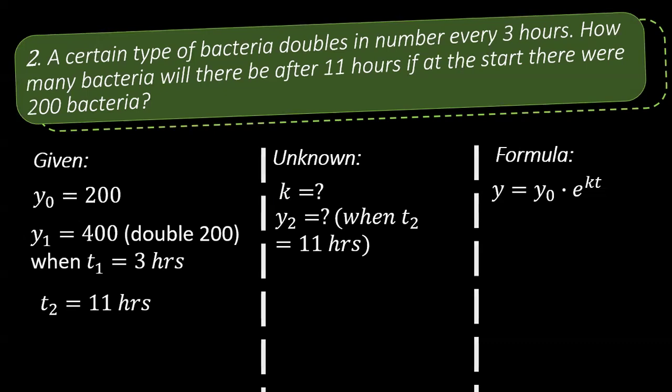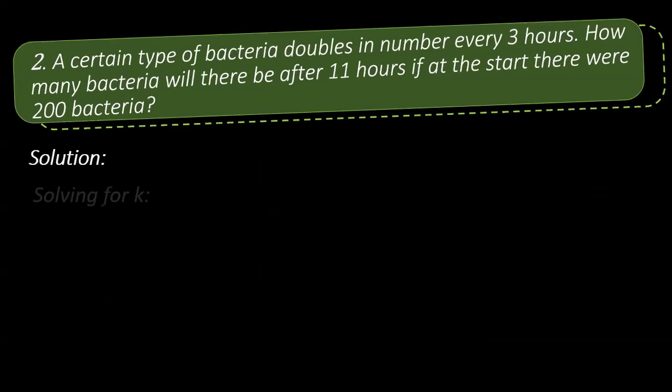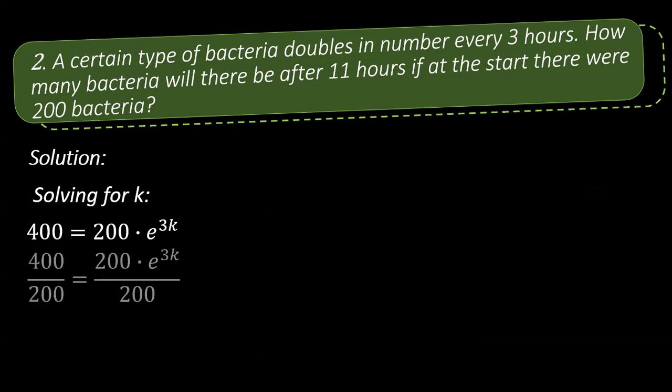Substituting the values, we have y, 400, is equal to 200 times e raised to k times 3. And k times 3 is 3k, right? I can rewrite that one as 3k. Then we have to isolate k, so we divide both sides by 200.